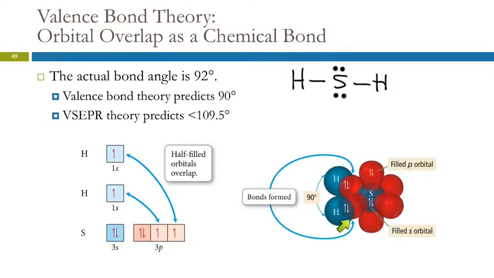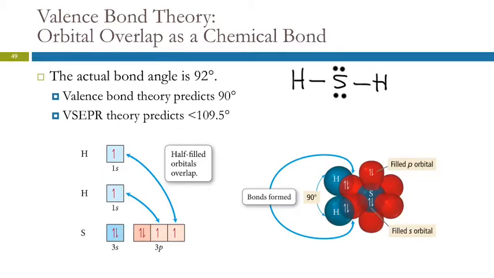This had one electron. The one that was vertical had the pair. So we've got the pair, and then we've got two that are half-filled. These two that are half-filled are overlapping with the half-filled s orbital from the hydrogen. So this one's overlapping, and this one's overlapping. You see what the picture's trying to show us?